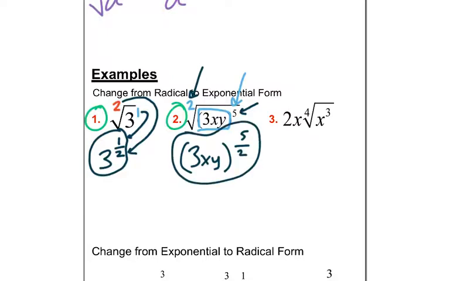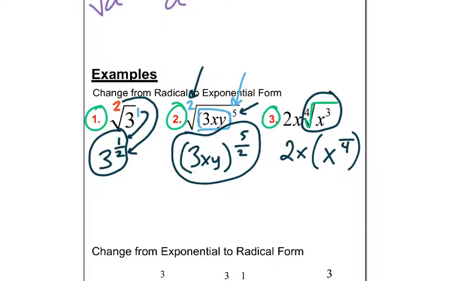There you go. And finally, on number 3, the only radical here is just this fourth root. So let's ignore the 2x for just a second here, friends, and just play with the root here. This is the fourth root of x to the 3. So x is my base, the root is a 4, and the power on the x is a 3.